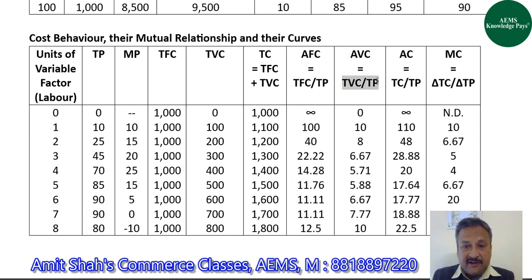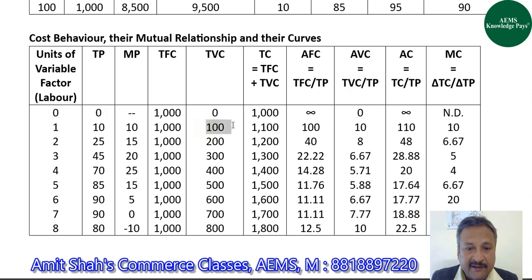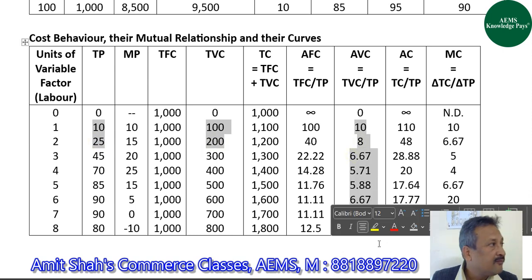AVC is TVC divided by TP. Initially TVC was 0 because we did not employ any labor, so 0 divided by 0 is 0. At the first stage AVC is 0, right? Then 100 divided by 10, that is 10. Then 200 divided by 25 is 8, and so on.